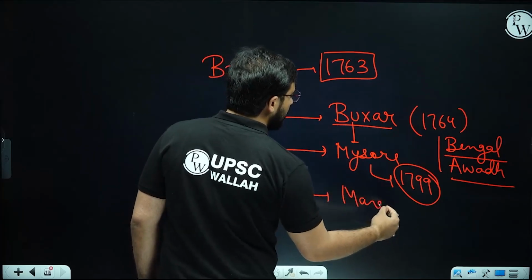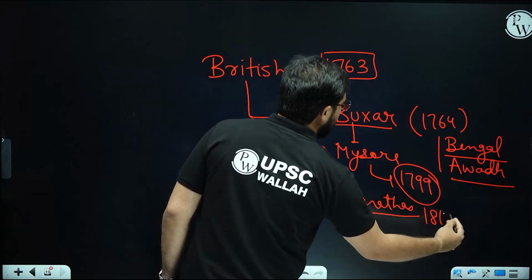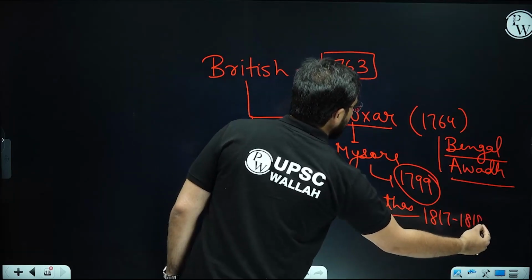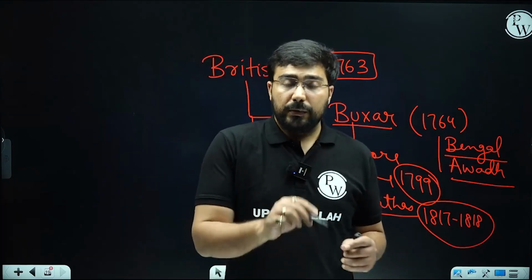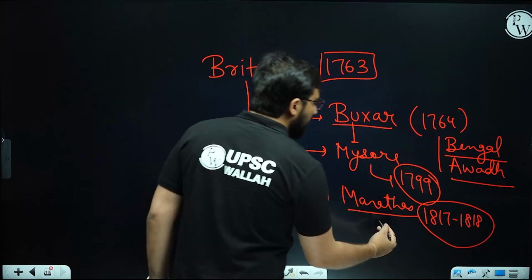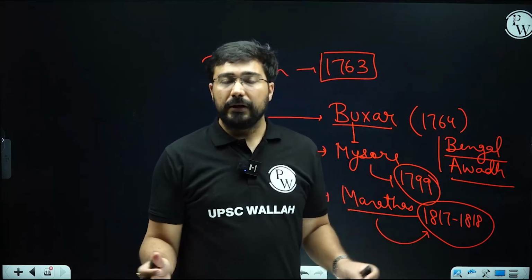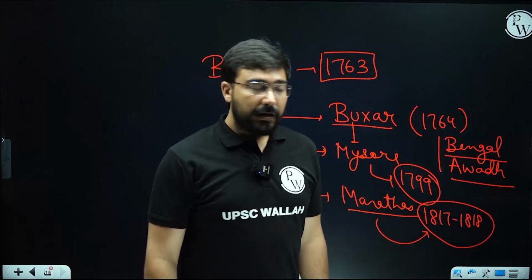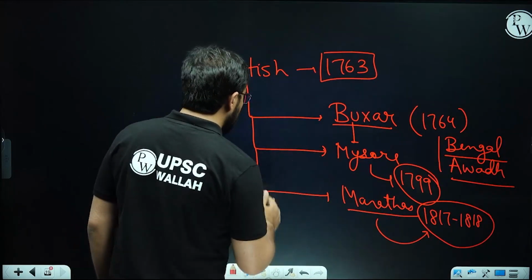Simultaneously, wars were going on with the Marathas, and the Marathas were finally taken down by 1817, 1818. The Marathas were the strongest power who could have replaced the Mughal Empire. But since the Marathas had internal weaknesses and were fighting among themselves, they could not create an empire, and it was the British who utilized the policy of divide and rule, and they were able to defeat the Marathas.